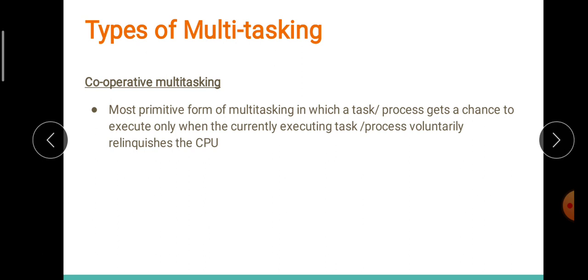If task 2 wants to start executing, the current task, task 1, must be willing to leave the CPU. So task 2 depends upon the mercy of task 1 to get the CPU.